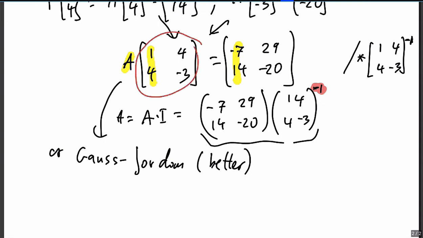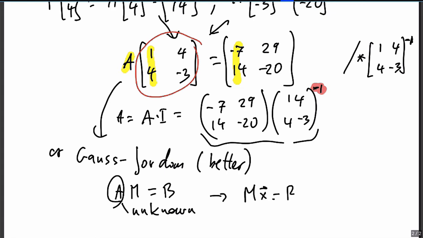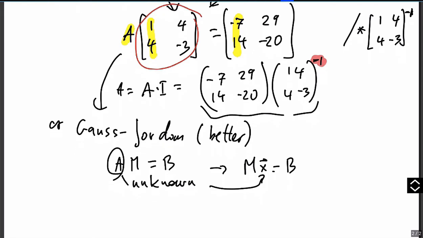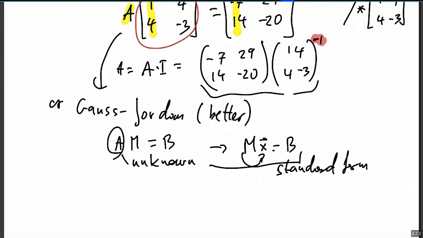We usually do the Gauss-Jordan elimination when we have an unknown vector on the right-hand side of a matrix. I prefer not to use this form because right now this has the form AM equals B, and A is the unknown. Usually we have something like MX equals B, where X is the unknown. So the way you can change the order of the two matrices to have this standard form where we use Gauss-Jordan elimination is that you transpose this equation.